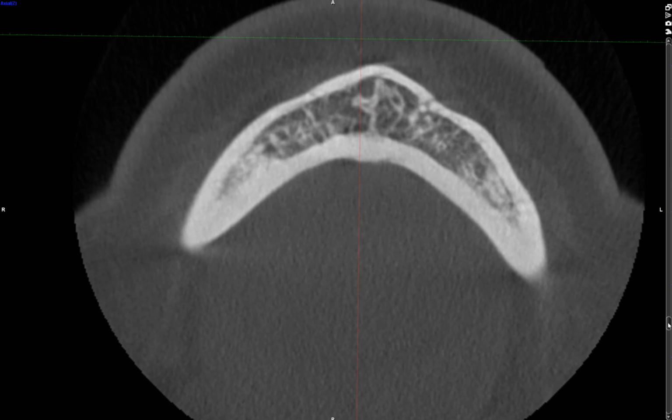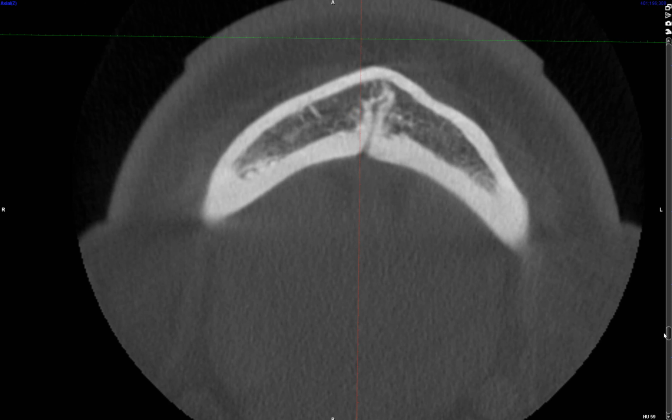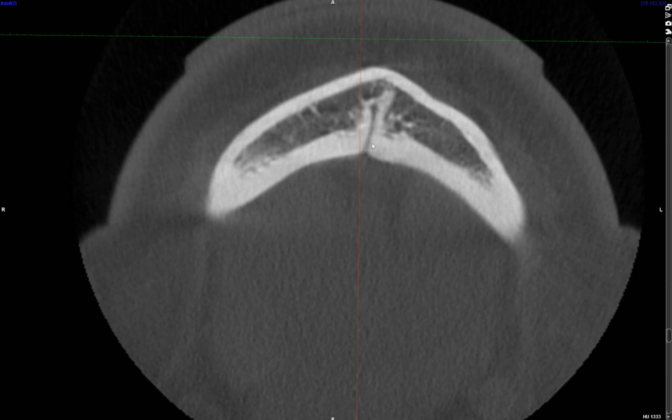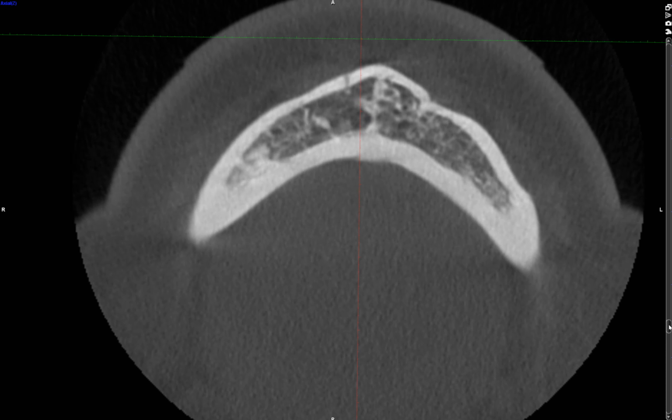And what's happening here is actually, you can see it anastomosing right here. It goes like that and then comes around to anastomose with the lingual canal right there. Do you see that? It's now continuous with the lingual canal. So there's the full course of the incisive nerve.